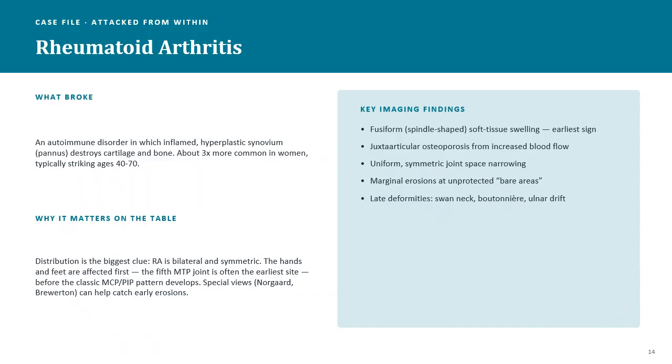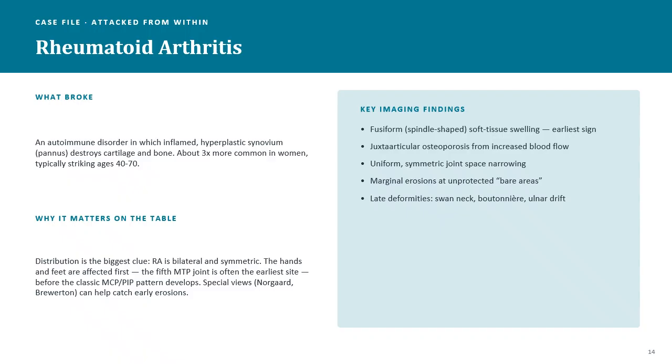All right, rheumatoid arthritis. Rheumatoid arthritis is what we consider an autoimmune disease. With this disease, the synovium becomes chronically inflamed. The abnormal synovial tissue itself, called pannus, grows around the joint and gradually destroys the patient's cartilage and bone.